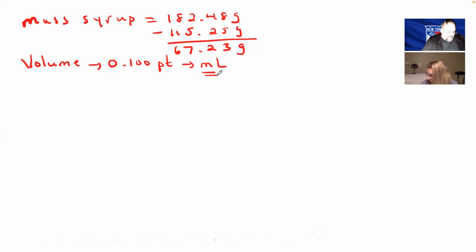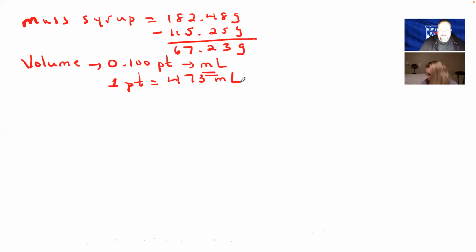And I wish I remembered all the conversions off the top of my head. I don't, so I'm going to look back a little bit. Based on what's in the book, there's really only one equality that we need to use, and that's the fact that 1 pint is equal to 473 milliliters.